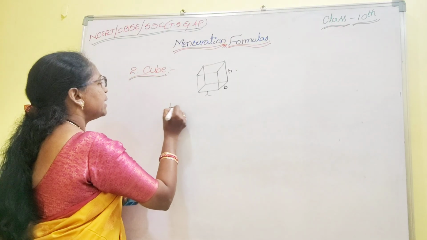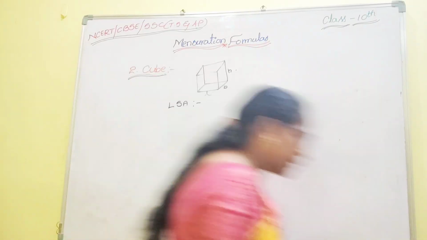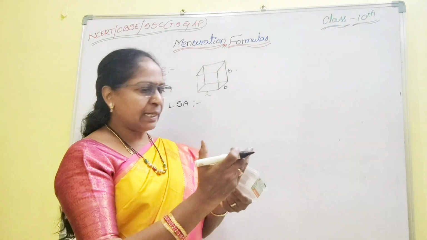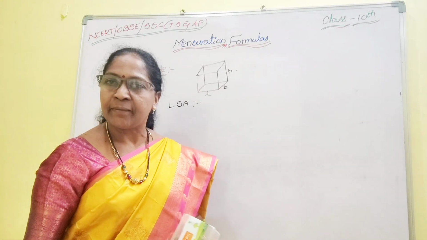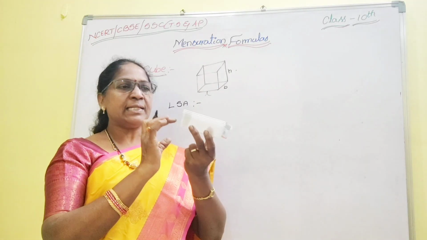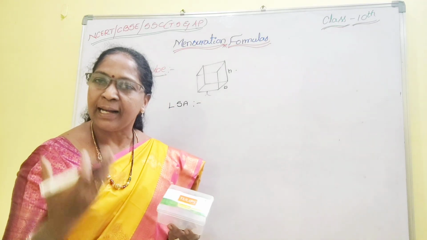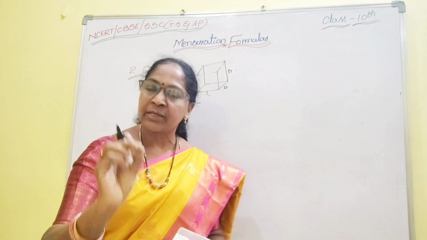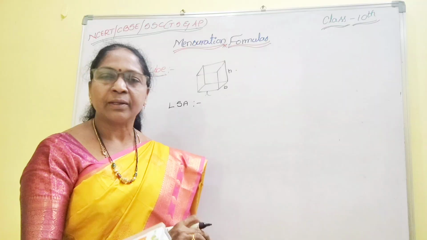So LSA, that means lateral surface area. What is lateral surface area? If all sides are equal here, cube means square; all sides look like a square only. How many sides does it have? 1, 2, 3, 4 sides. That is nothing but lateral surface area. For the cube, each face looks like a square. So what is the area of a square?